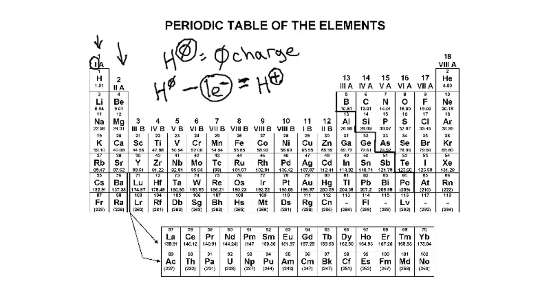Now let's do the same thing with calcium right here. Calcium is in column 2, so it's going to have 2 electrons in its outer shell. Calcium has 4 energy shells, and I know that because it's the 4th row down. On the outer shell, it's going to have 2 electrons.